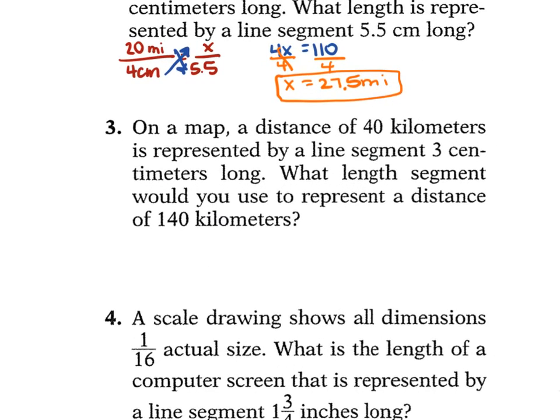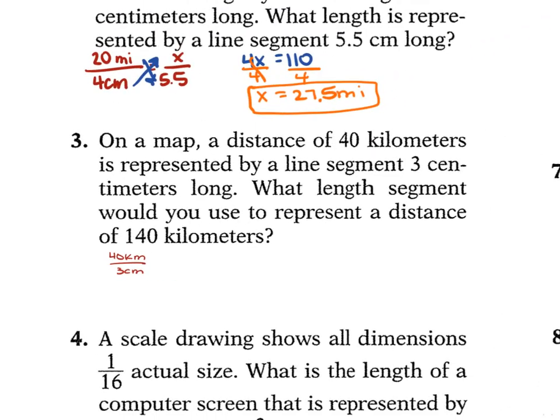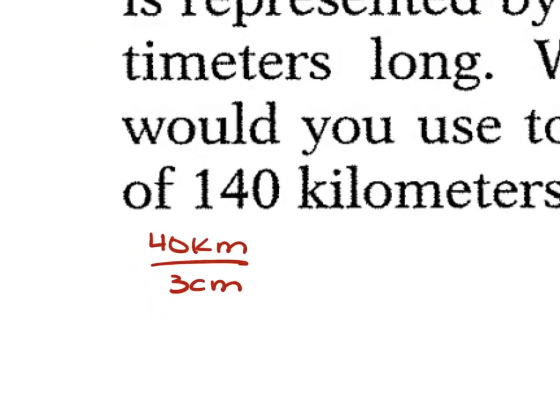For 3, it says on a map, a distance of 40 kilometers is represented by a line segment 3 centimeters long. So that's 40 kilometers over 3 centimeters. What length segment would you use to represent a distance of 140 kilometers? So that's equal to 140 kilometers over something.